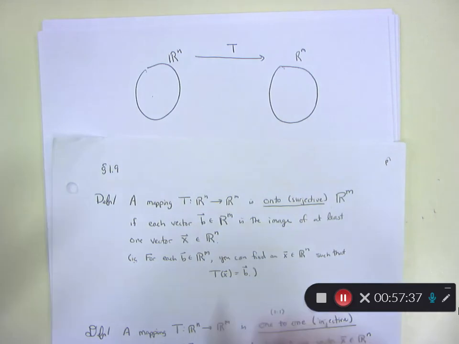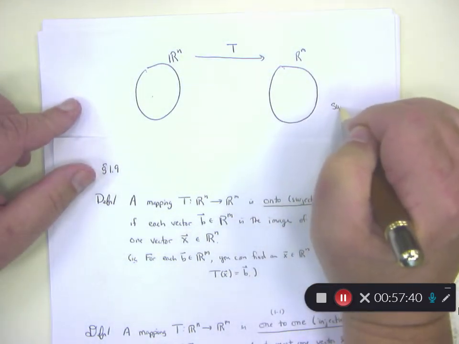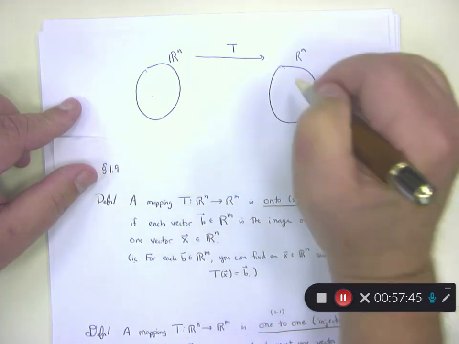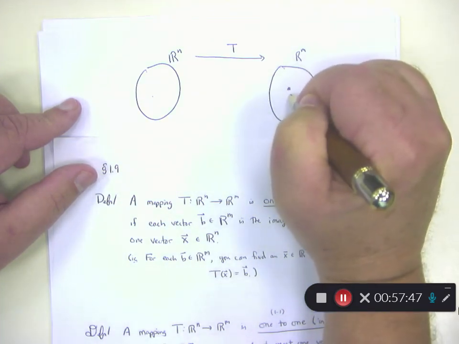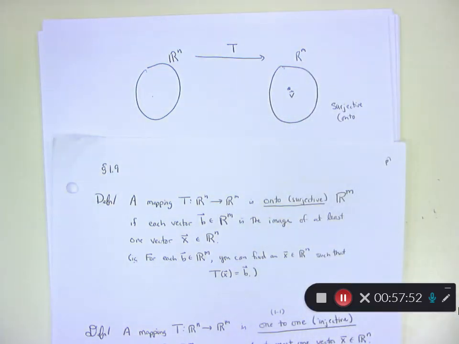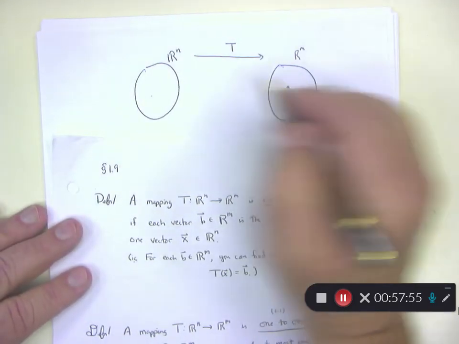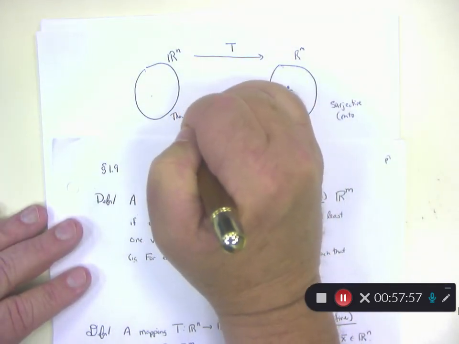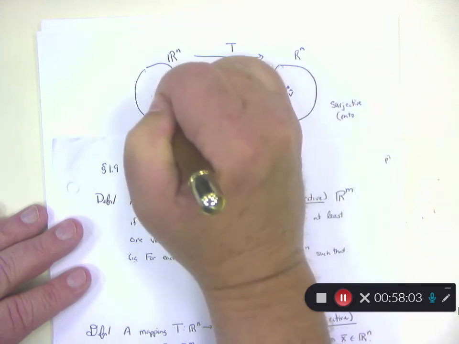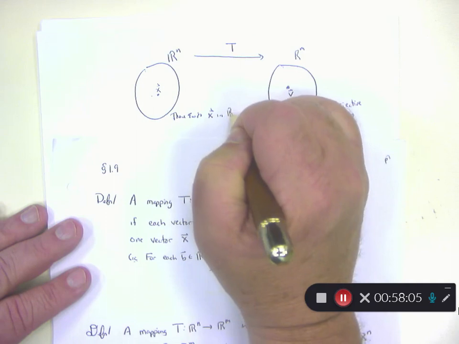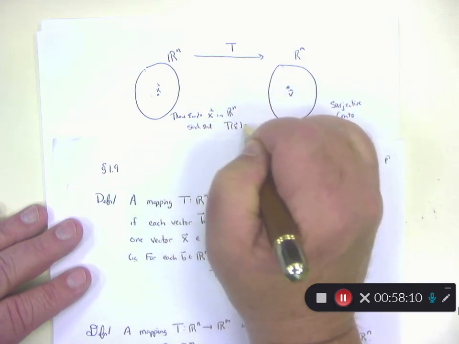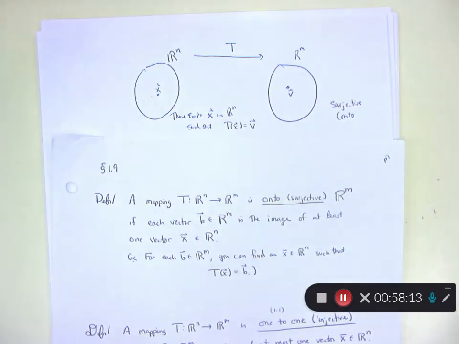To be onto or surjective, meaning onto, means I can pick any vector over here in Rm, any vector you want over here in Rm, and there exists an x vector in Rn such that T of x is equal to that vector.